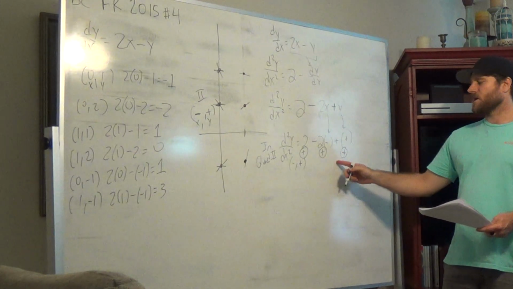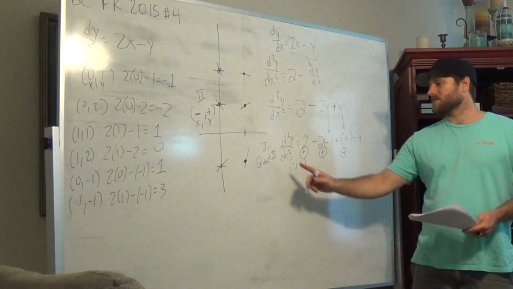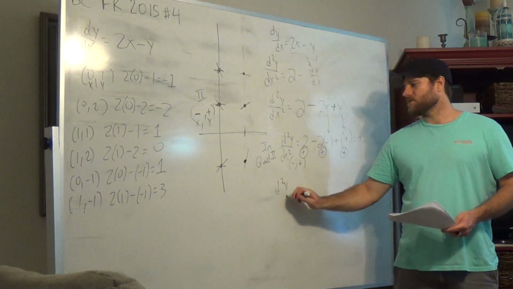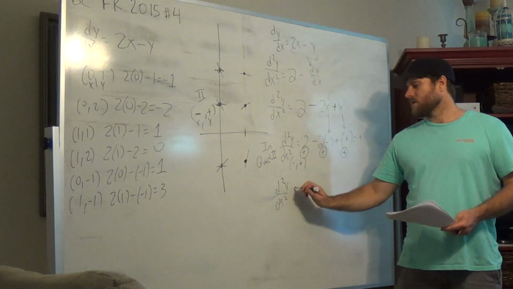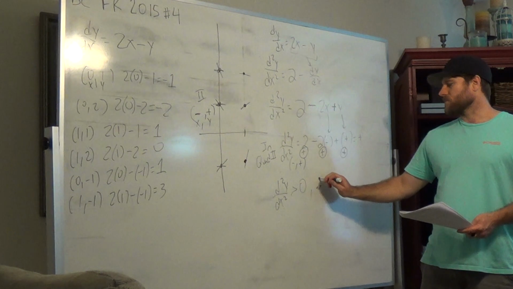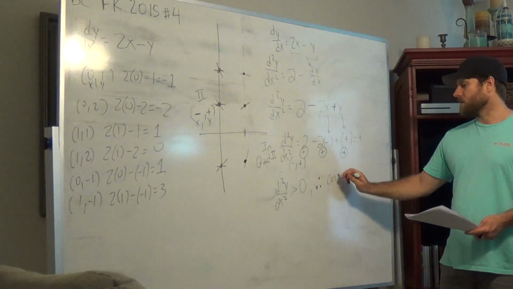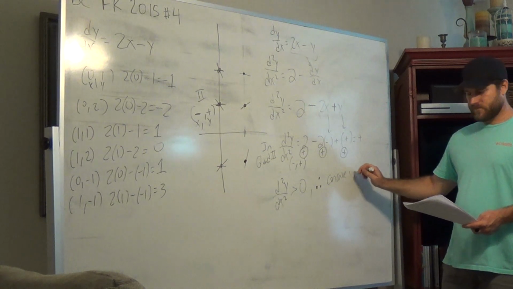If you add all those up, you get a positive. So another way of saying this is in quadrant 2, the second derivative is always greater than 0. Therefore, those little 3 dots mean therefore. Therefore, concave up.